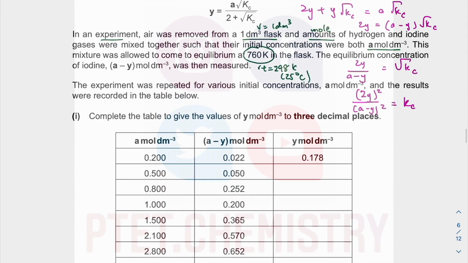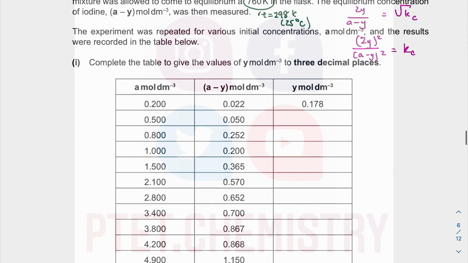Okay, so you do it for various initial concentrations, and then you record the values in this table below. What do we want? We want y in mole per dm cube to 3 decimal places. If you know A minus y, how can you get y?